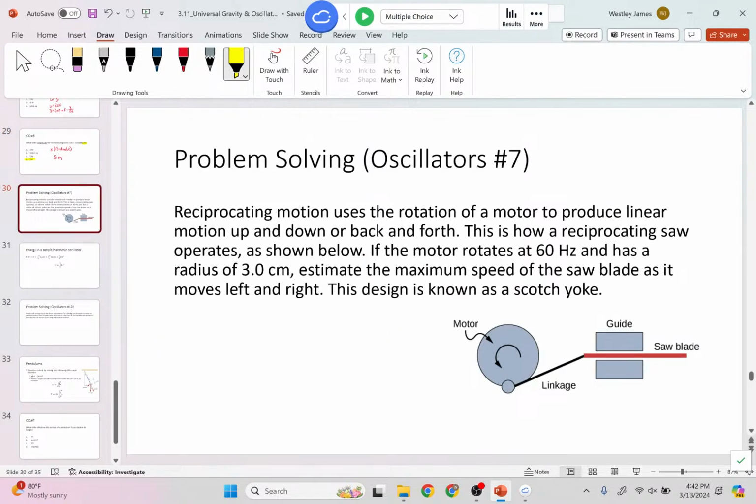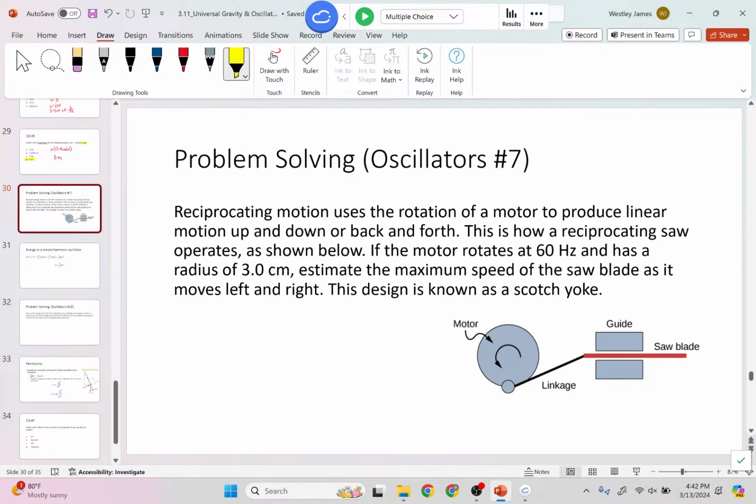So reciprocating motion. Reciprocating motion is where you take something that is going circular and you convert it to linear. Very, very useful. There's all sorts of situations, like a saw is one.